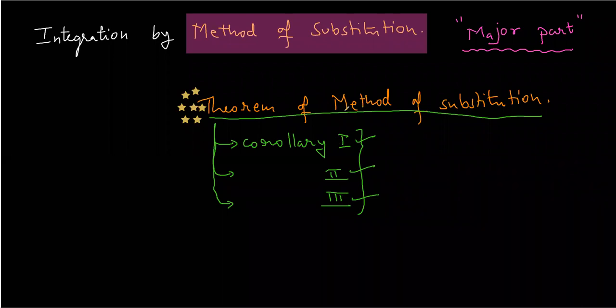What is the main theorem? The theorem of integration by method of substitution. So you can say that these 3 are children of this. This one is the parent body, and these are the children of the main theorem.